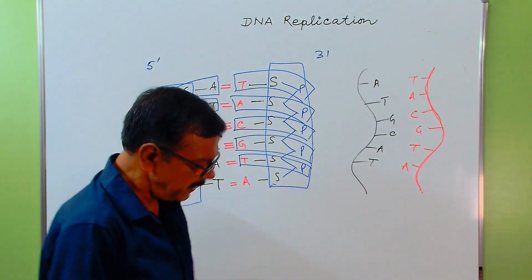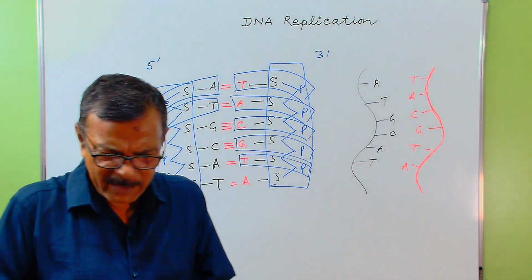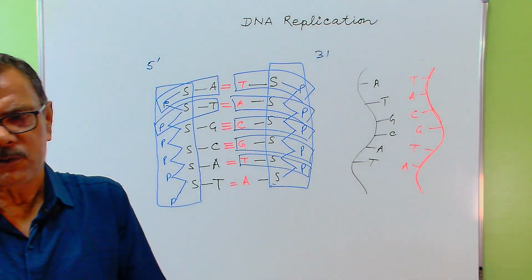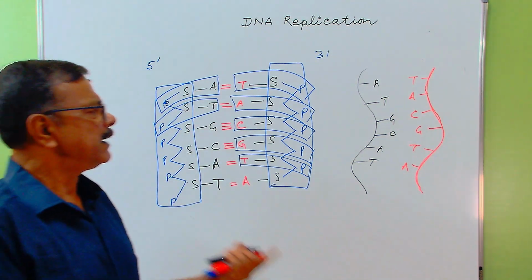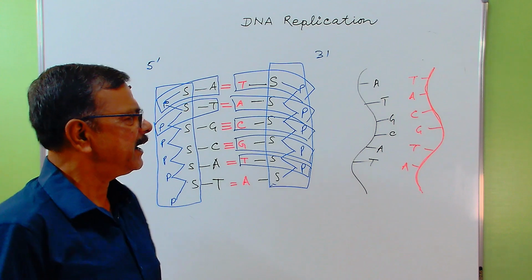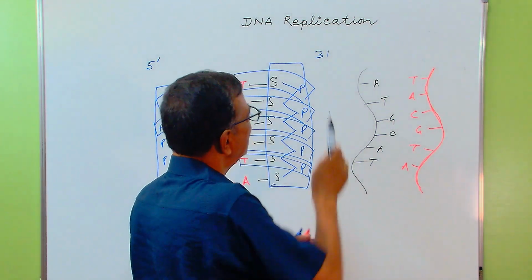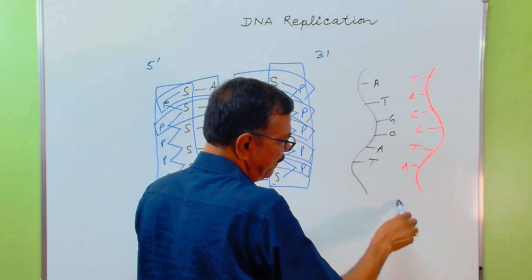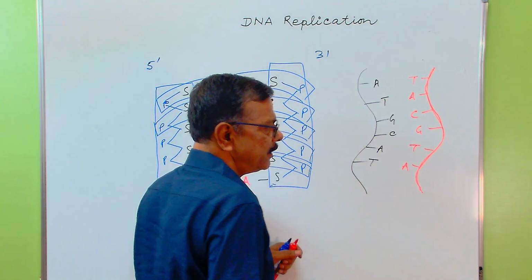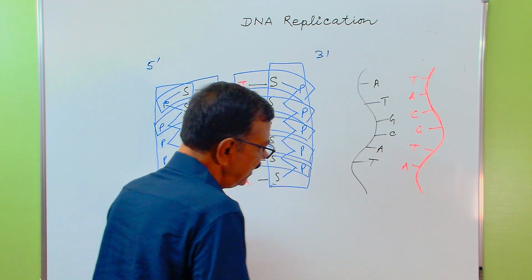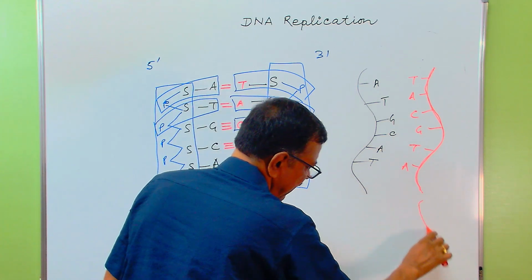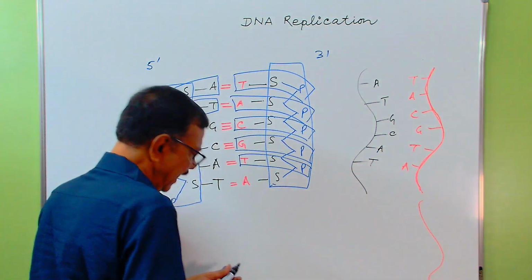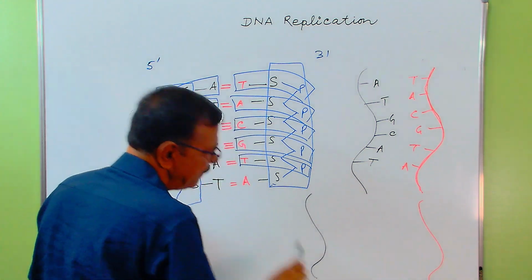So once it is separated, a young boy of class 2 or 3 or 4 or 5 can easily predict what the other band will be produced for replication. So here you will see this red will be there and this black will be there.